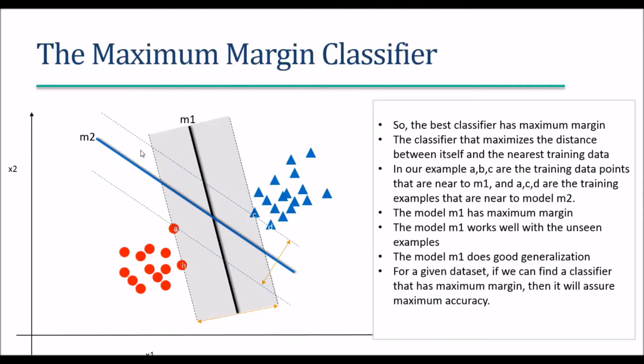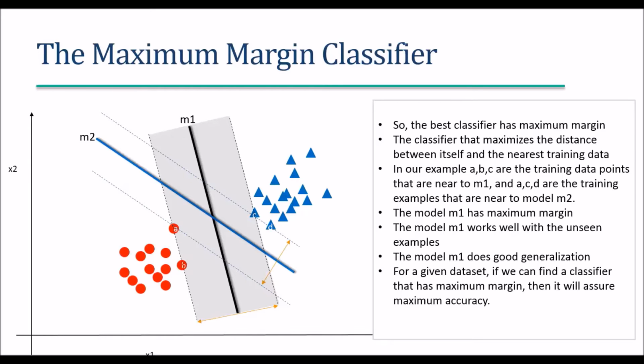So look at two models or two classifiers, M1 and M2. M1 has a larger margin. M1 is closer to the data points A, B and C. M2 is also a classifier which is classifying these two classes, but its boundary is decided based on C, D and A, or A, C, D. So the best classifier out of these two will be M1 because it has a large margin, and we have already seen an example that a classifier with a large margin does good generalization.